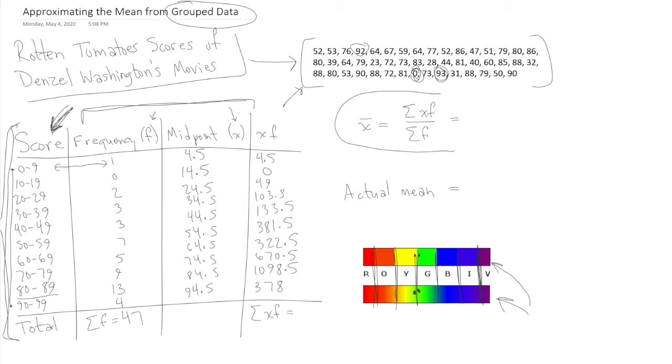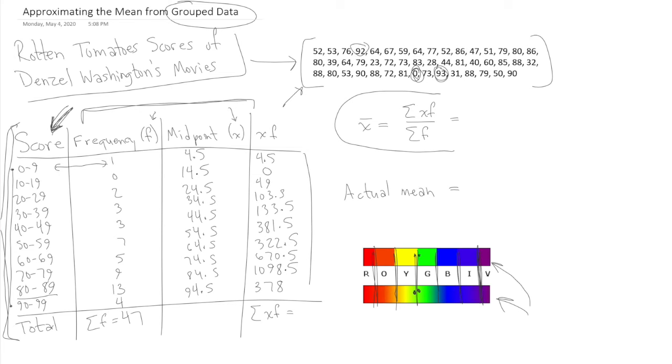I'm going to note that in most of these cases, the midpoint and the midpoint times the frequency were not whole numbers. It's impossible for a single movie to have a score of 94.5, but that still is our best guess. It's in the middle of what it could possibly be. So we have our XF. What we have to do now is add all these up.